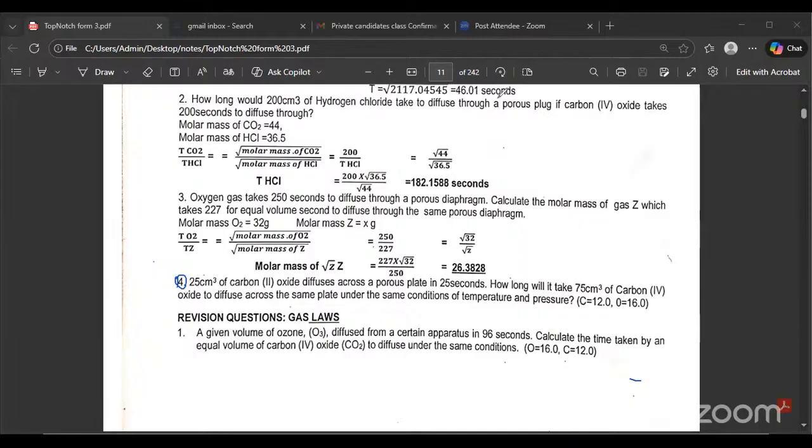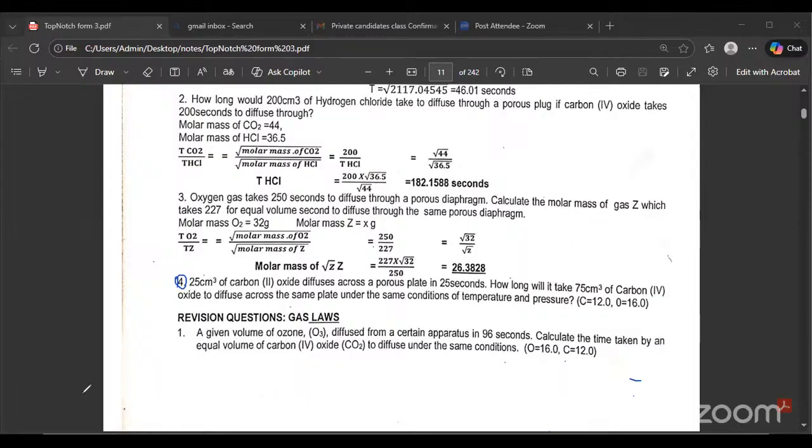I said when you're talking about time, we must make sure there's a condition for using time. When you talk about time, it is a must that you use equal volumes. So let us solve this one together. We have your answer, but remember, for time, let me give you that one first.